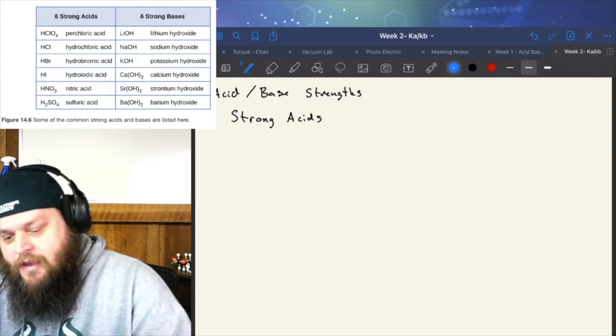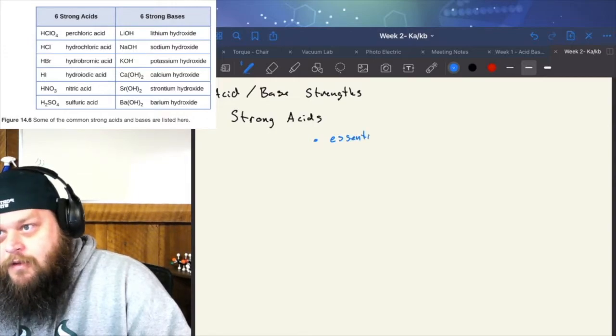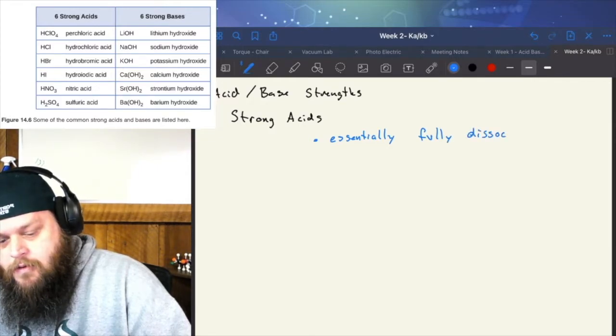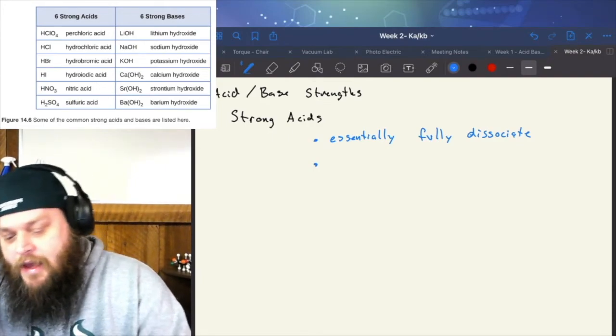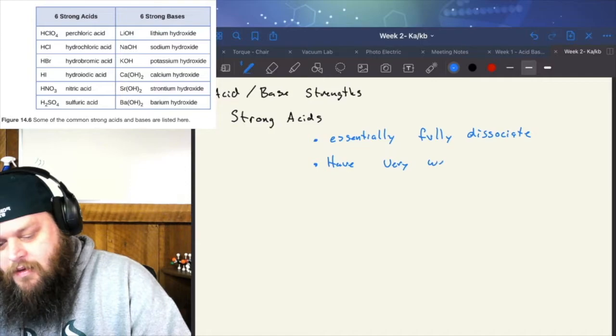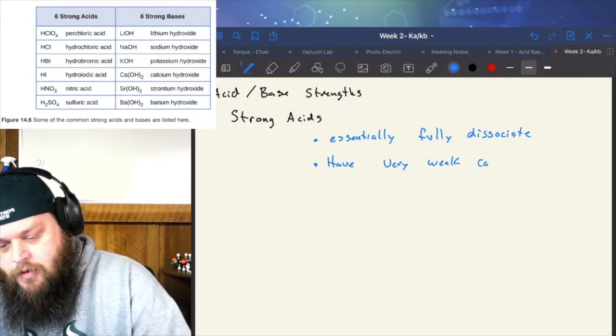So we can say strong acids essentially fully dissociate, and they have very weak conjugate bases.